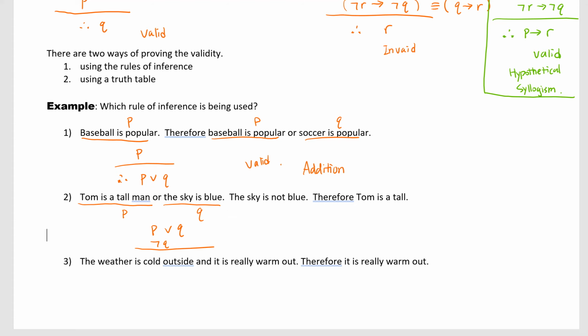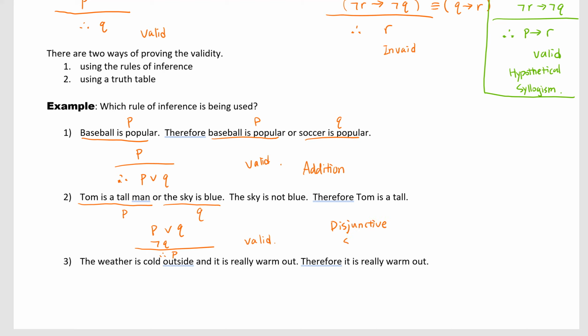So therefore P. Is this valid? Either P or Q, but not Q, it must be P, and this is valid. This is the disjunctive syllogism. I have apple or orange for you. If you don't like apple, you've got to eat orange.